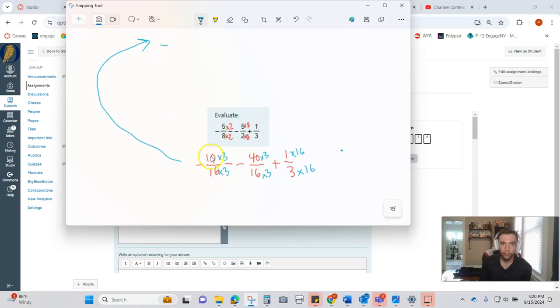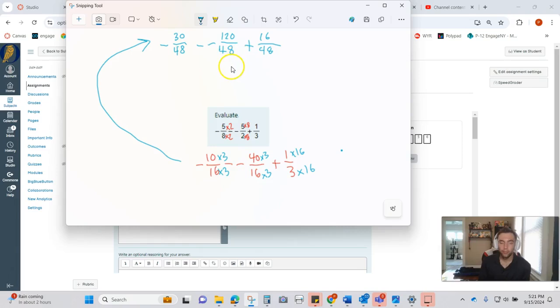So now we'll have negative 10 times 3 is 30, on top of 16 times 3 is 48, because 15 times 3 is 45, so yep, 48, minus negative 40 times 3 is 120, 16 times 3, again, is still 48, plus 1 times 16 is 16, on top of 3 times 16 is 48.